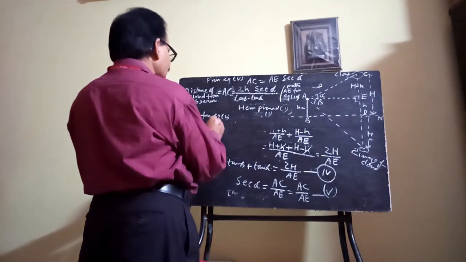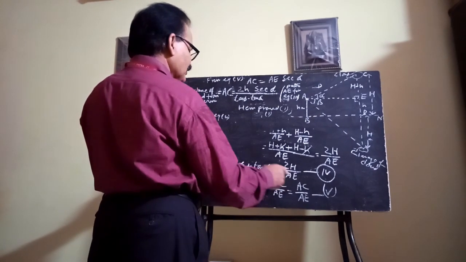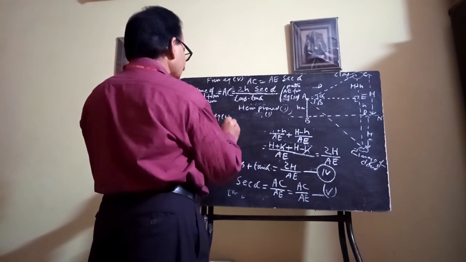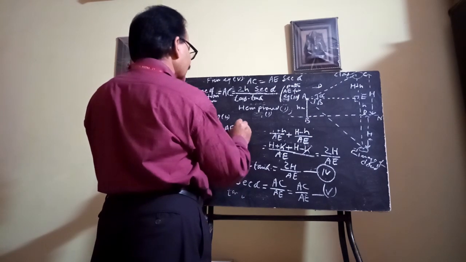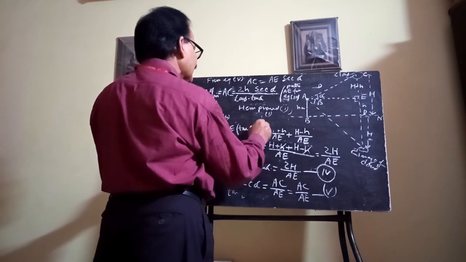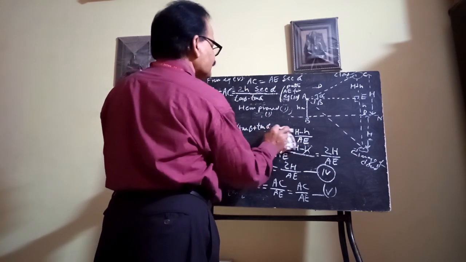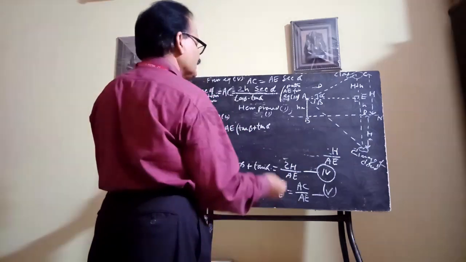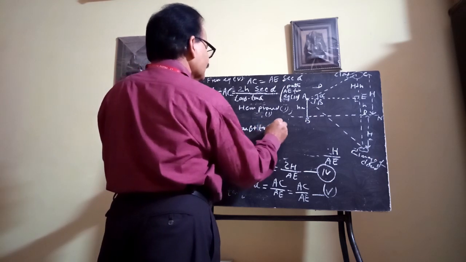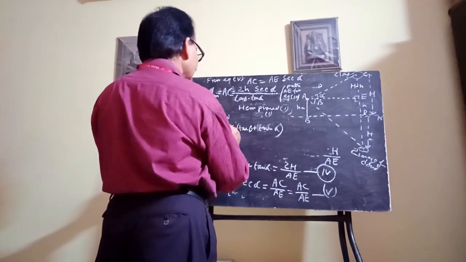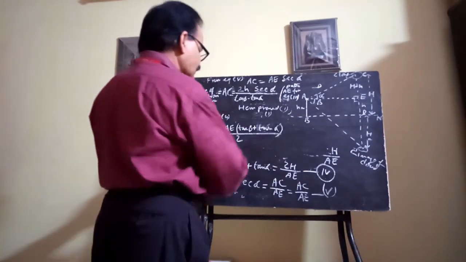So from equation 4, cross multiply, and h will be equal to AE into tan beta plus tan alpha, divided by 2. This is the value of H from equation 4.